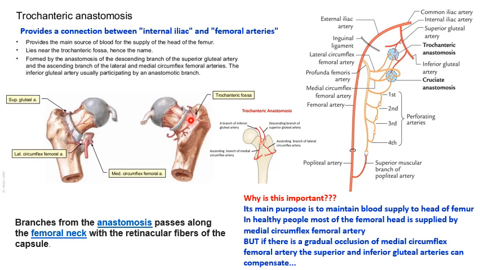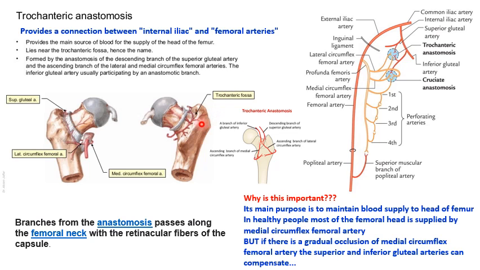That is the reason the name is given as trochanteric anastomosis. It provides a link between the internal iliac and the external iliac arteries, which in turn continues as the femoral artery.